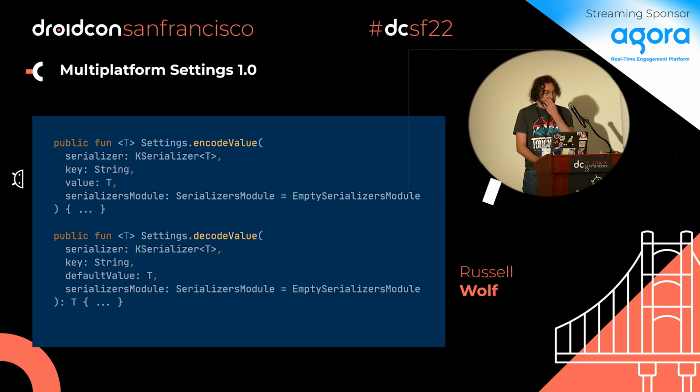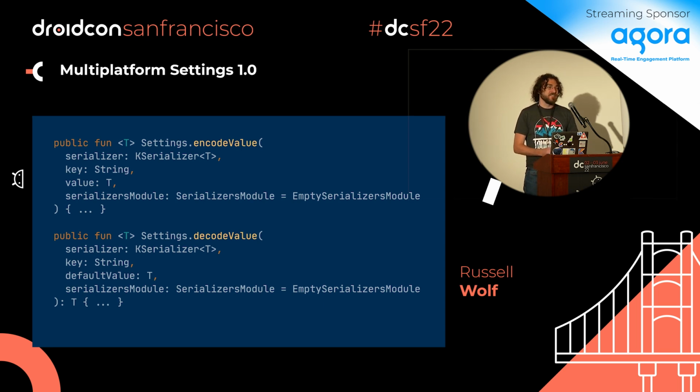The other integration that I played with during this time is Kotlin serialization. One of the lesser well-known elements of the serialization library is that you can define custom formats. So with these APIs, you can essentially use your settings, your key value store, as a serialization format.